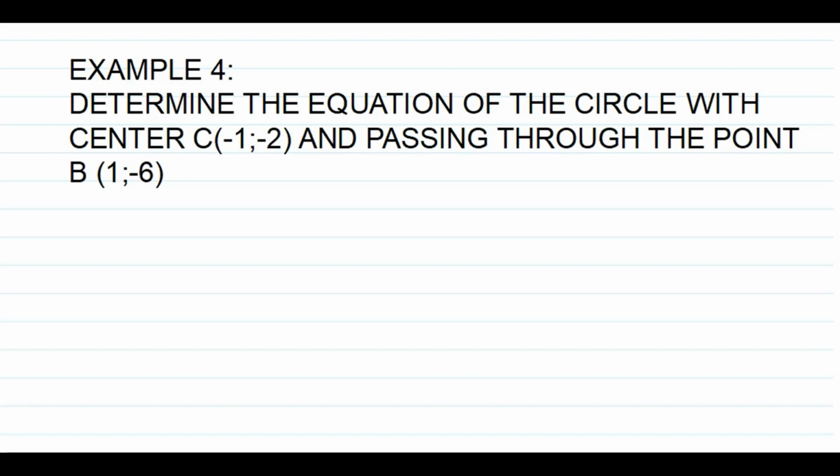So what do we already know? We can already tell that this is a circle that is not centered at the origin, because we can see that this is not our point 0, 0 on the Cartesian plane. It is passing through a point B, and we need to determine the equation of the circle.